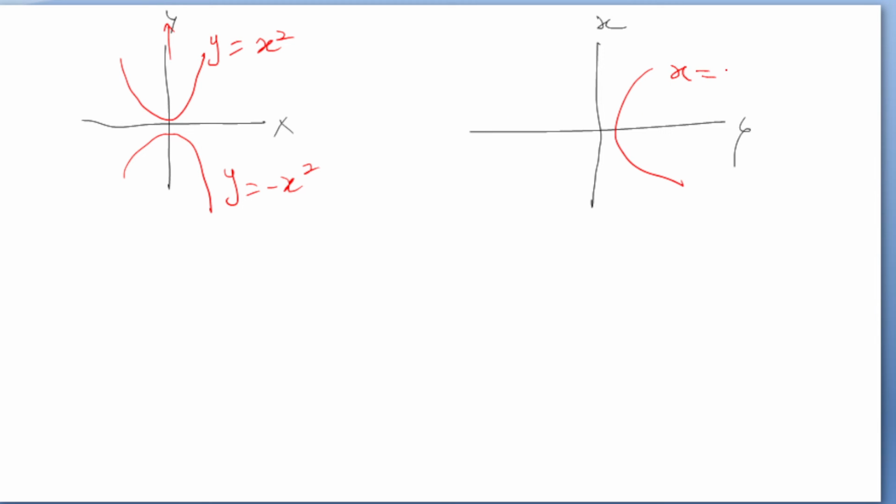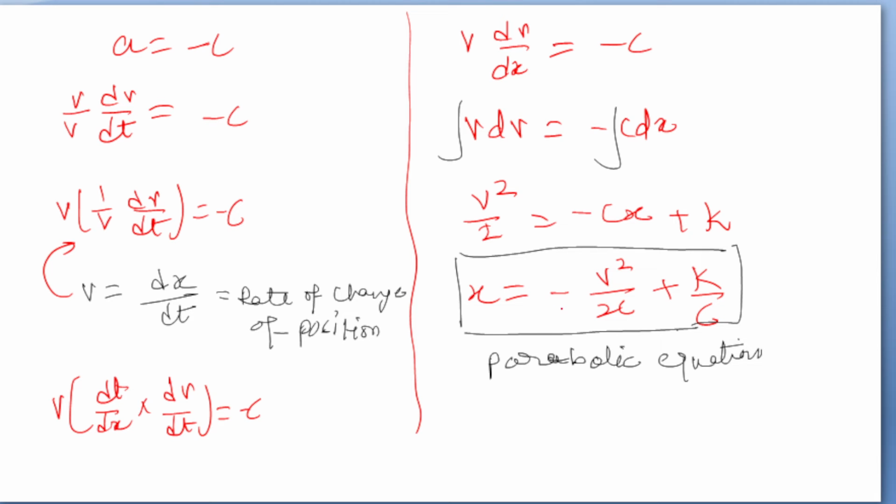this is x is equal to y square, and this is x is equal to minus y square. So if we look at the equation, this looks like x is equal to minus y square.